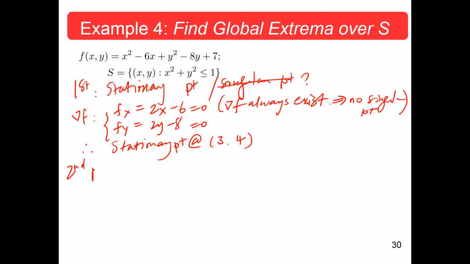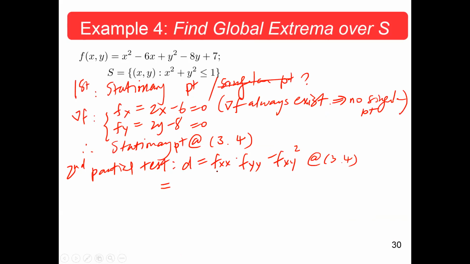So let's do the second partial test. Second partial test will be about D, which is fxx times fyy minus fxy squared, at this point (3, 4). fxx here would be 2. fyy, second partial with respect to y, would be 2 again. fxy would be the partial derivative with respect to y of fx, which would be 0.